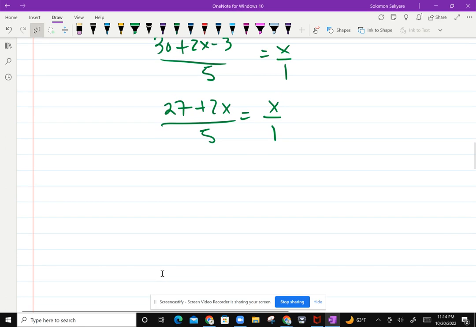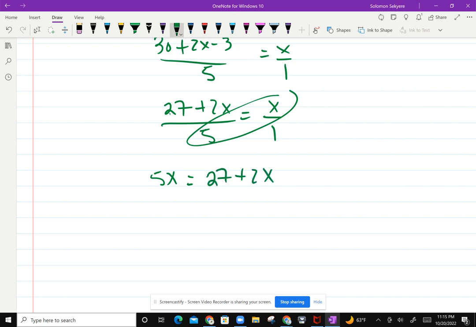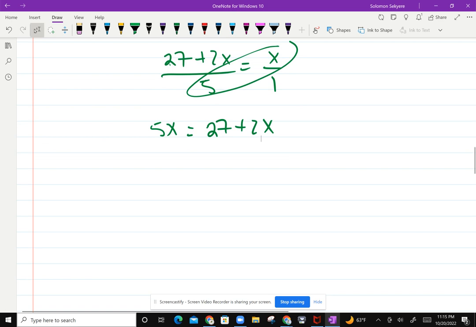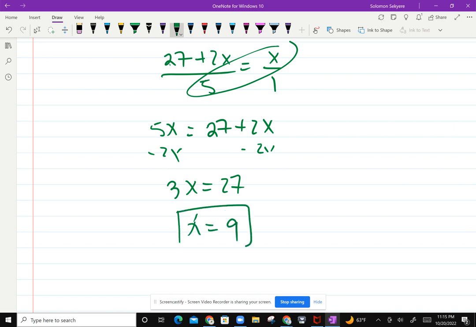You cross multiply. So 5 times x is equal to 1 times 27 plus 2x. So it would be 27 plus 2x. And then we subtract 2x from both sides. We have 3x equals 27. And then we have x equals 9. We're done. Cool. All right.